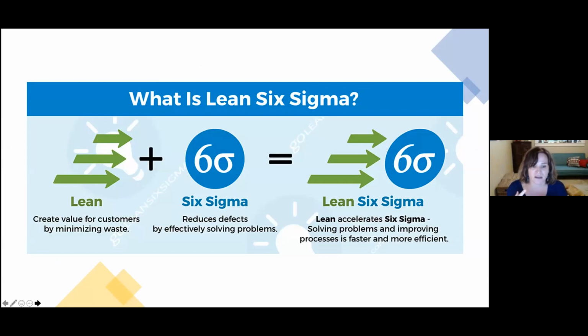Whereas Six Sigma is about getting rid of defects, solving problems in the process. And when you put them together, it's supposed to accelerate the process. And so I think at this stage now, any kind of Six Sigma approach is typically always a Lean Six Sigma approach, using elements from both models.